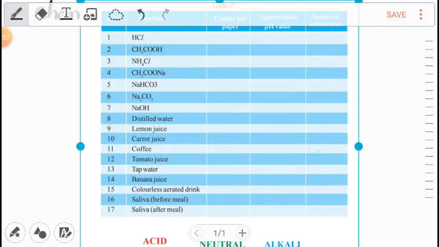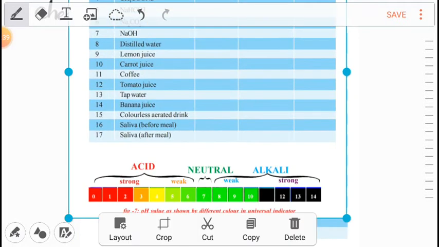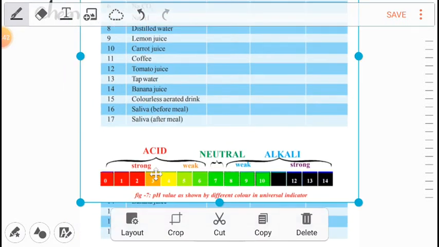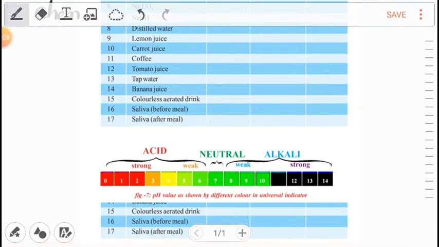See this image. After filling in the pH values, below 7, it is very important, those are acids, above 7 those are alkali, that means bases. 7 is neutral; neutral salts are also present, and water's pH value is normally 7. You're going to remember this.